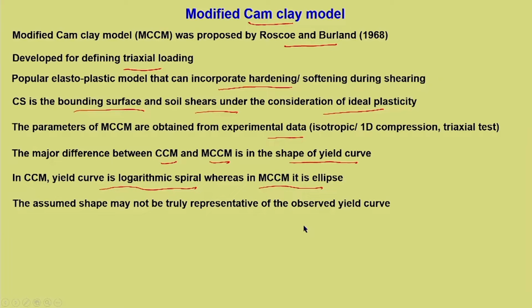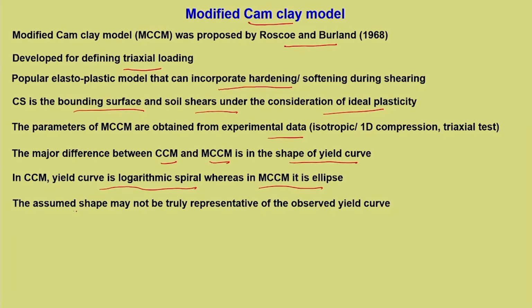Now, this may sometimes create issues in numerical instability as you solve the problem, because there is an issue of continuity of differential equation. So, in the case of modified Camp-Clay, it becomes an ellipse. So, it is a more smooth shape. It is not about symmetry, it is about more smoothness in the shape.